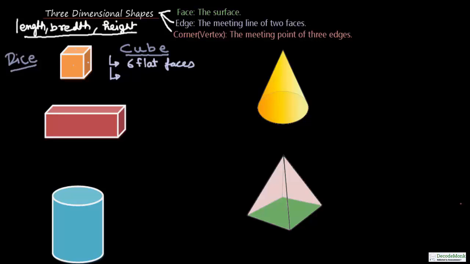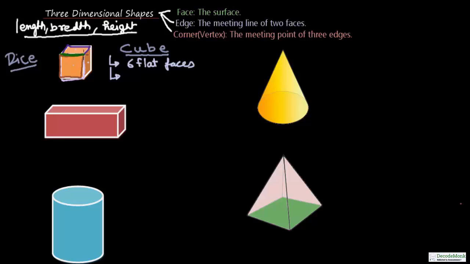So how many edges are there? Suppose this is a face. You can see that this is one of the faces and this is another. Let me draw the other face clearly so that you can understand. And you see that there is a meeting point over here, a meeting point of these two faces.